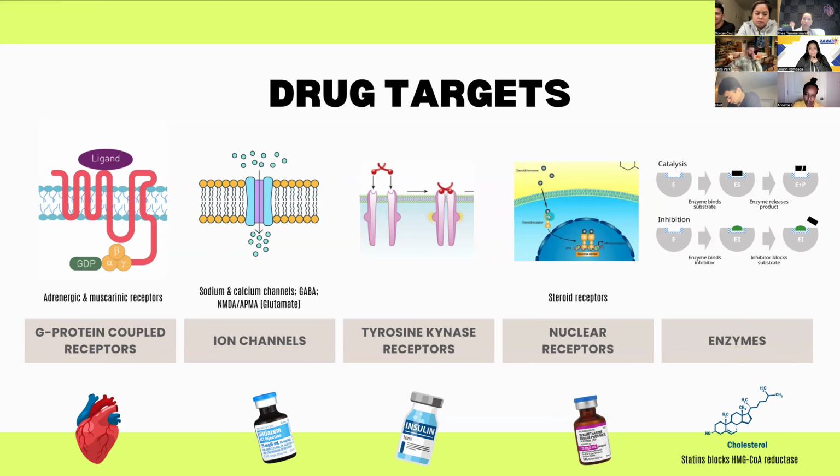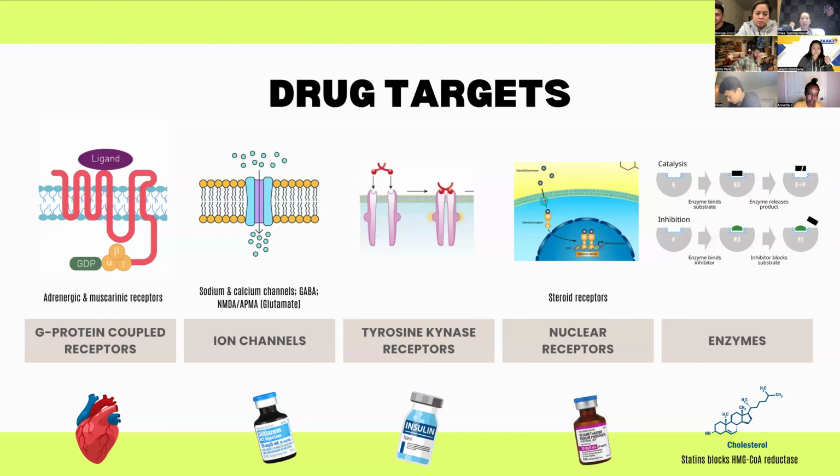Other types of receptors: these first three are bound on the cell membrane, but there are other receptors that just float around in the cytosol. They don't touch anything. One of these types of receptors is called nuclear receptors. They sit outside the nucleus, but they're not bound to any membrane.